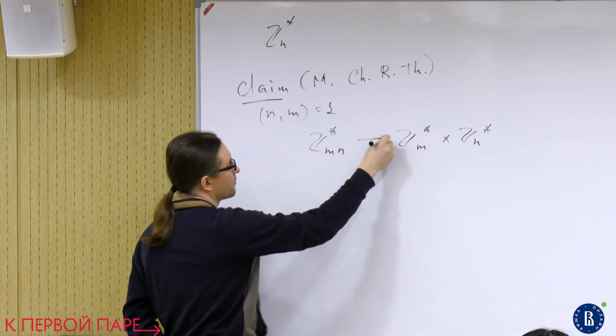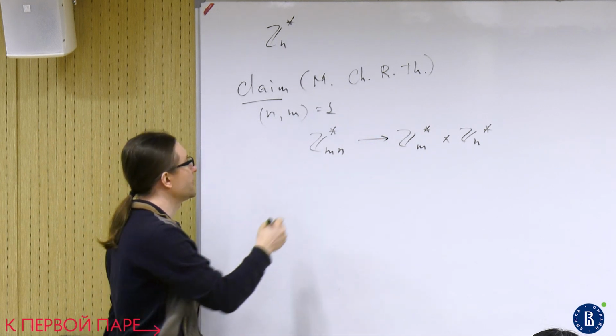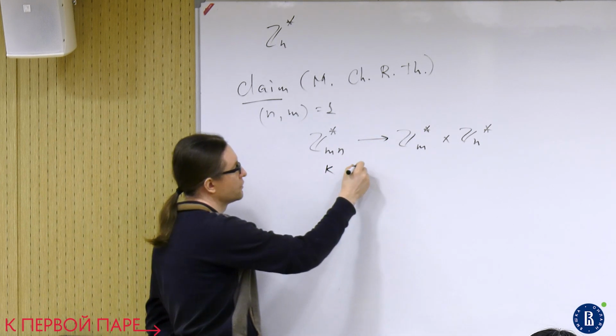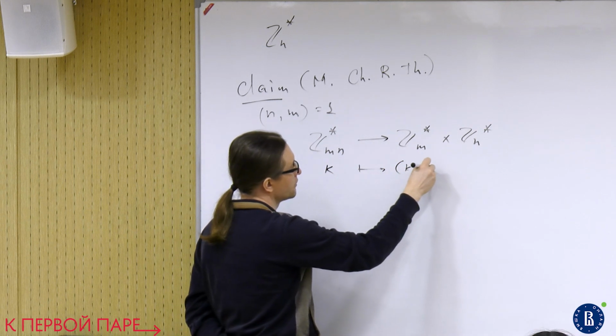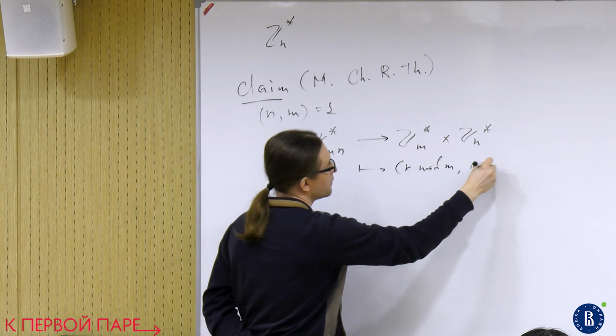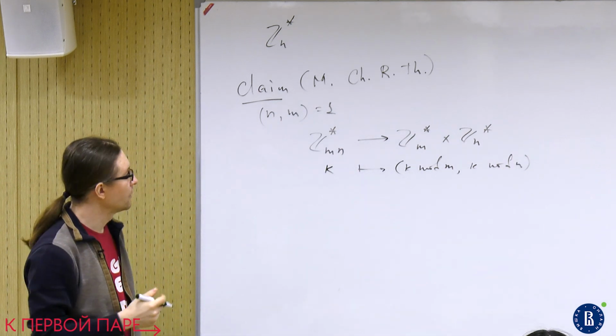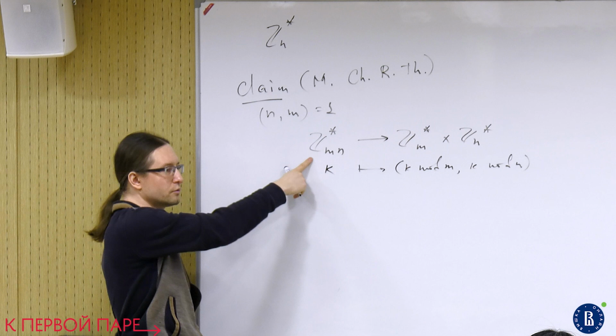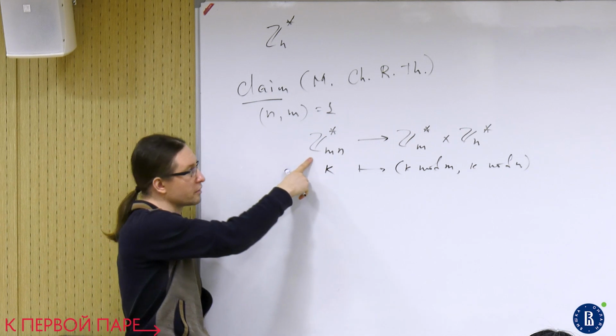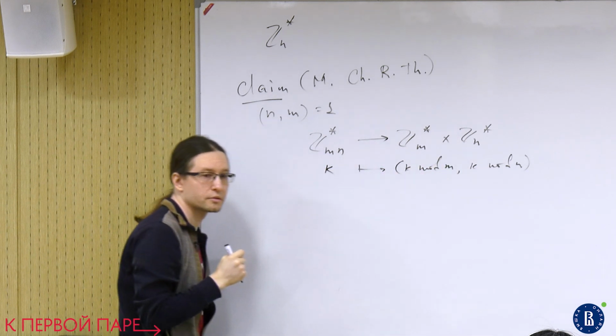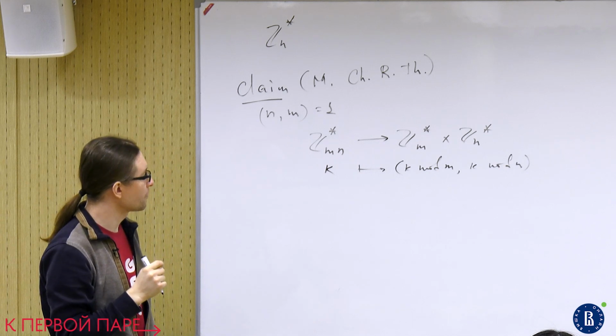And we have a map from left to right, which takes any remainder k to a pair, k modulo m, k modulo n. Exactly the same map as before. But now, this is a group with respect to multiplication, and these two are groups with respect to multiplication.